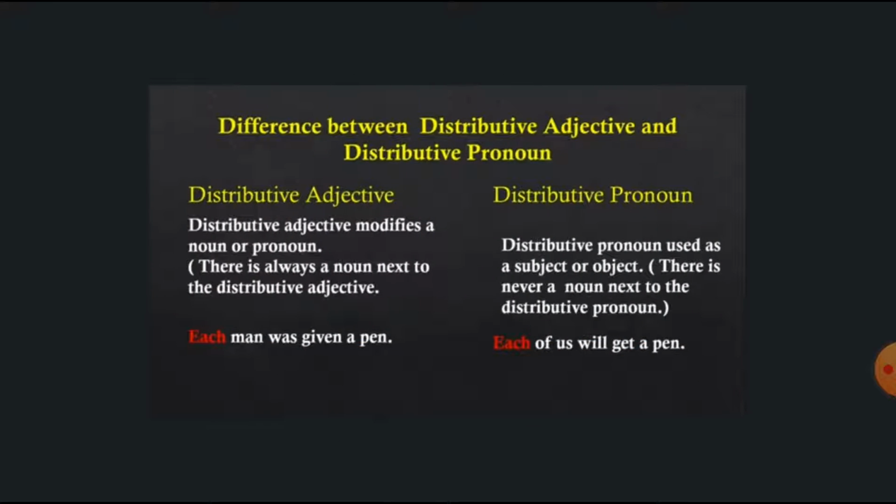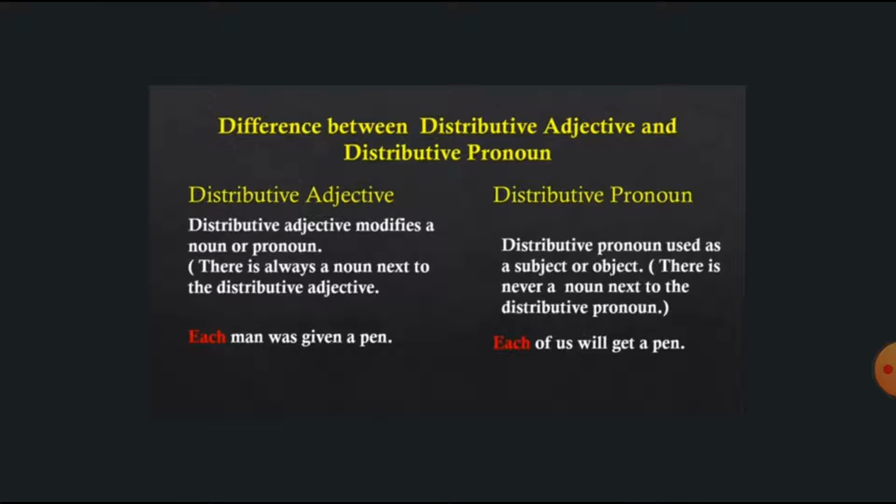Difference between distributive adjective and distributive pronoun. I would like to make a difference between distributive adjective and distributive pronoun because you have already studied distributive pronouns, so that you may not get confused. A distributive adjective modifies a noun or pronoun.